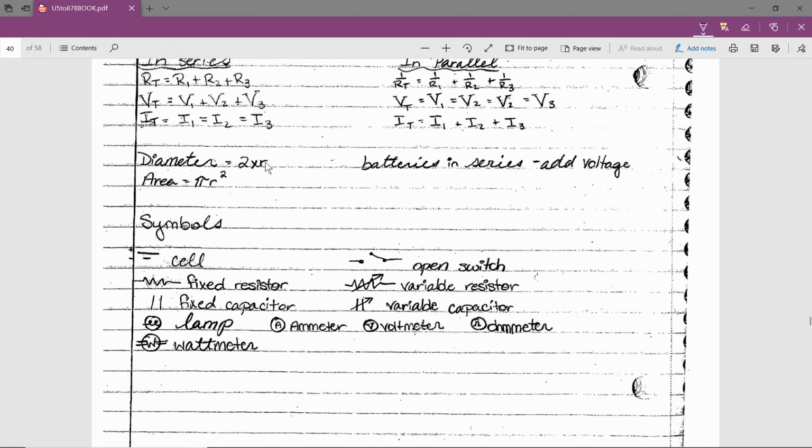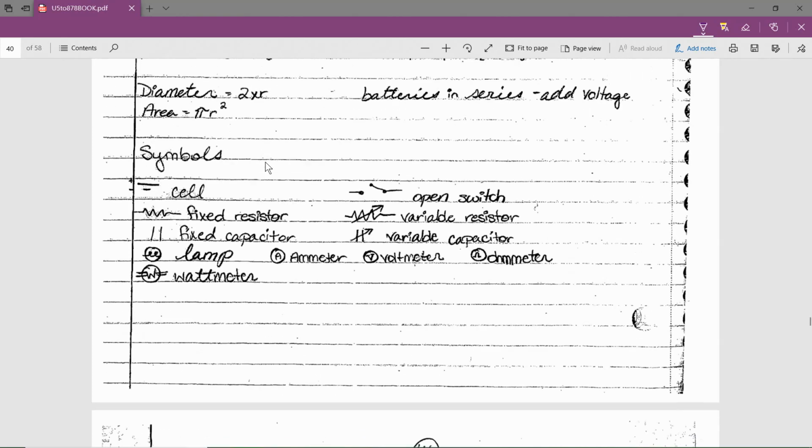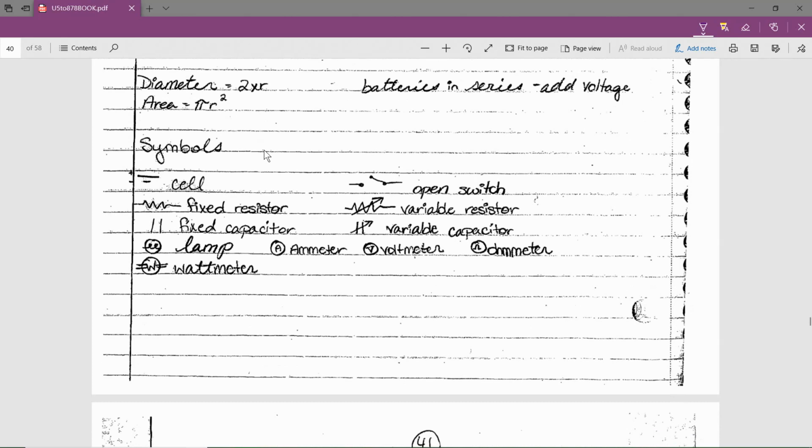A cell, an open switch, fixed resistor, variable resistor, fixed capacitor, variable capacitor, a lamp, an ammeter, a voltmeter, an ohm meter, a watt meter, parking meter, the ground, just a straight line is a conductor.